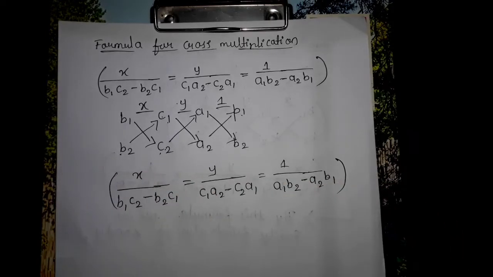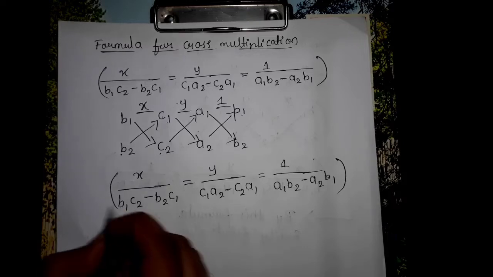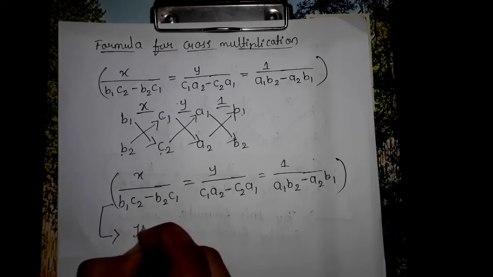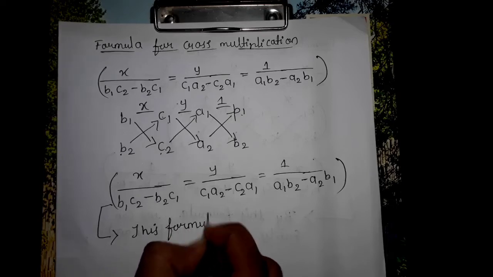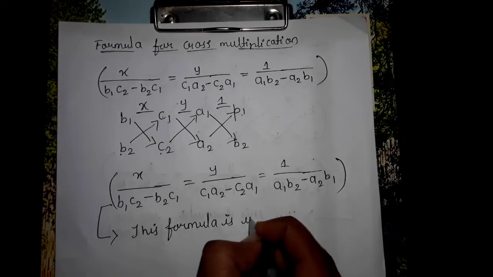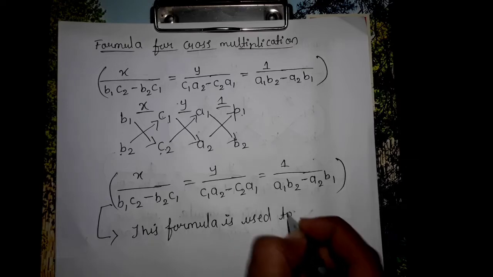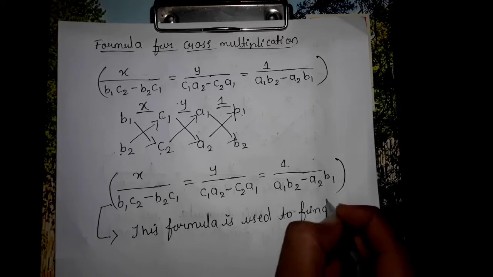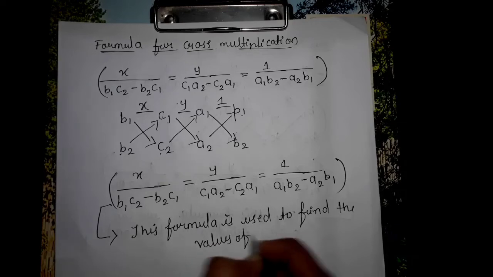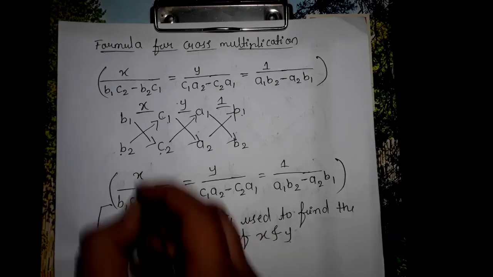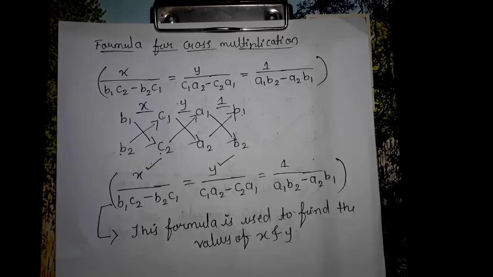Even though if you forget, it is easy to form the formula. This formula is used to find the values of x and y, that is this x and this y.